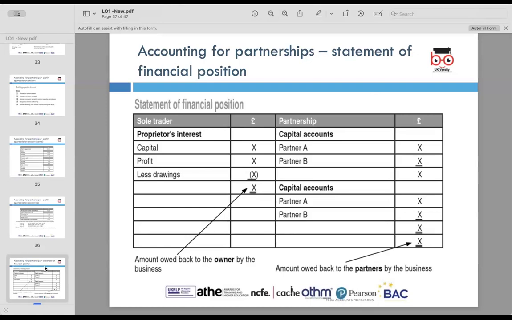So the key components: proprietor's or sole trader's interest, reflecting the owner's capital and accumulated profit. In a partnership, the statement of financial position includes a capital account for partner A and partner B, and it also accounts for any amount owed to partners by the business, typically reflecting loans or advances made by partners to the partnership.